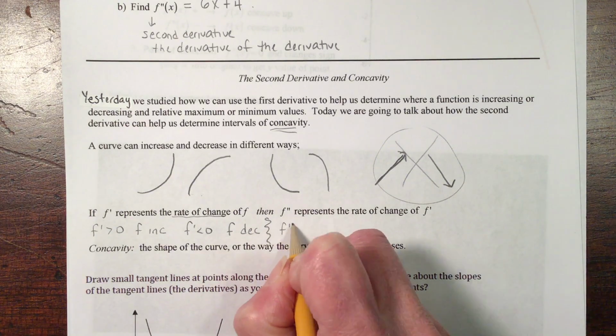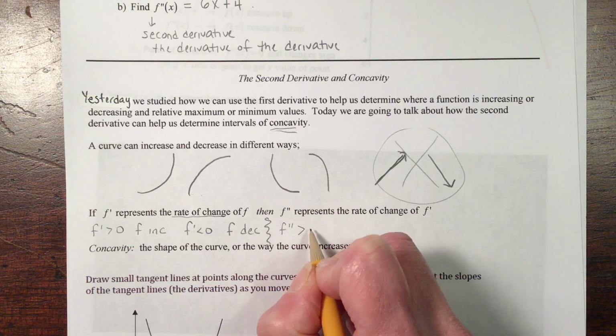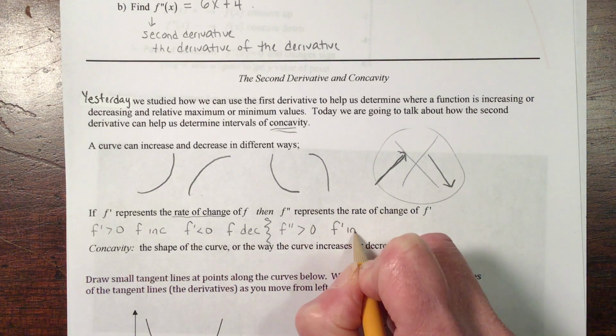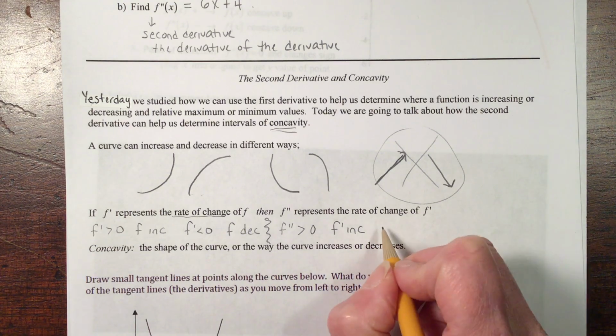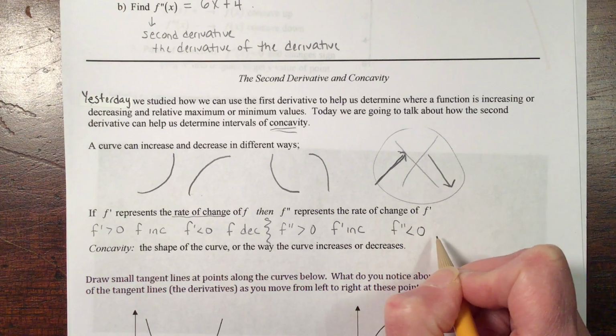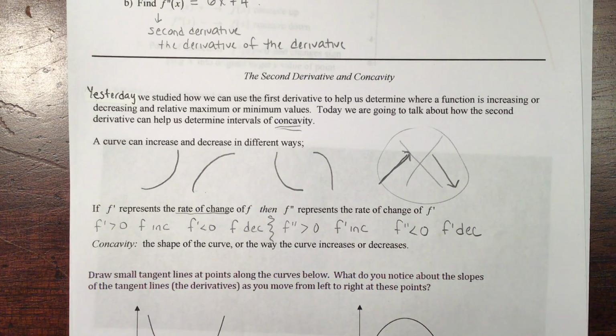Well, if f double prime, or if the second derivative, is positive, that means f prime is increasing. It's kind of hard to think about in your head, but we'll get there. And this also means when f double prime is negative, f prime is decreasing. Still, I know that seems a little bit confusing to you, so let's just take a few more steps in this process.